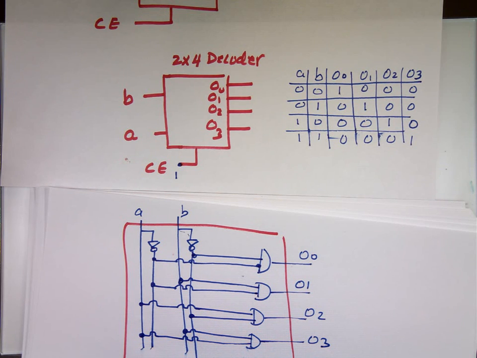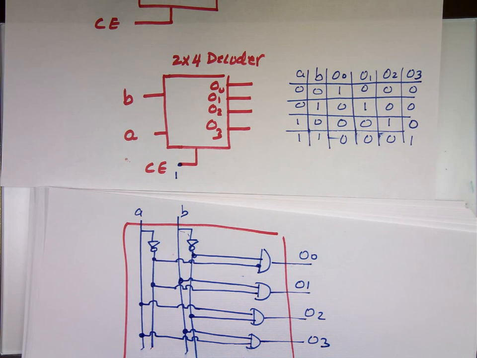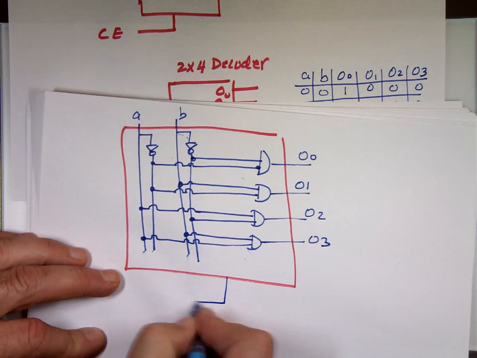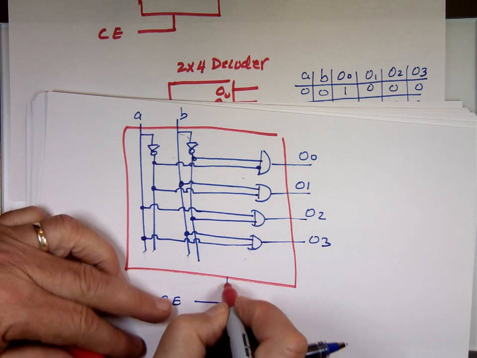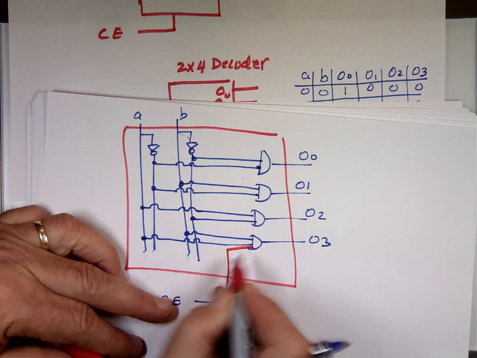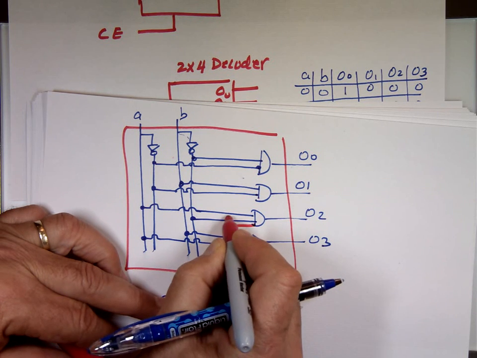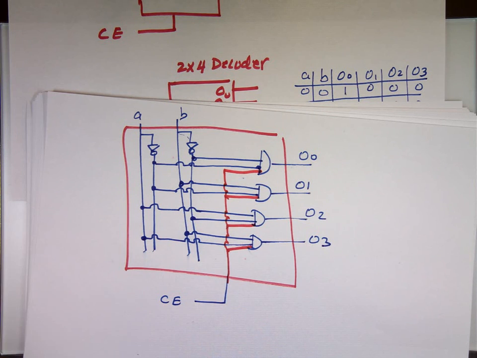I can make my chip enable the way they work here. I can add that chip enable. For it to work, I want my chip enable to be 1, for example. If my chip enable is 1 for it to work, all I got to do now, take that chip enable, attach it to this, attach it here, attach it here, attach it right there.